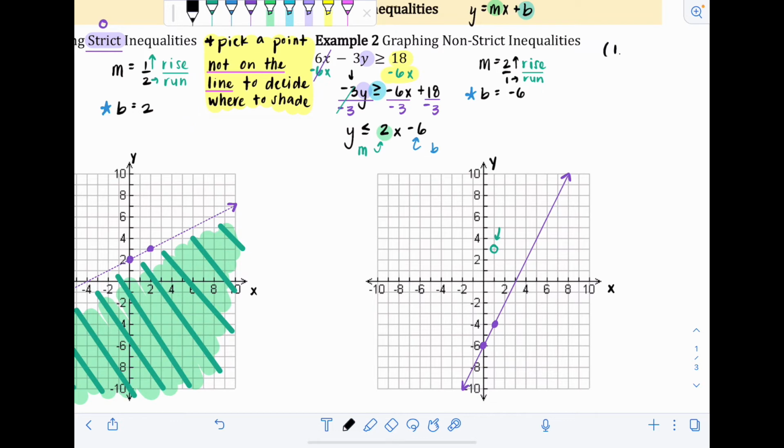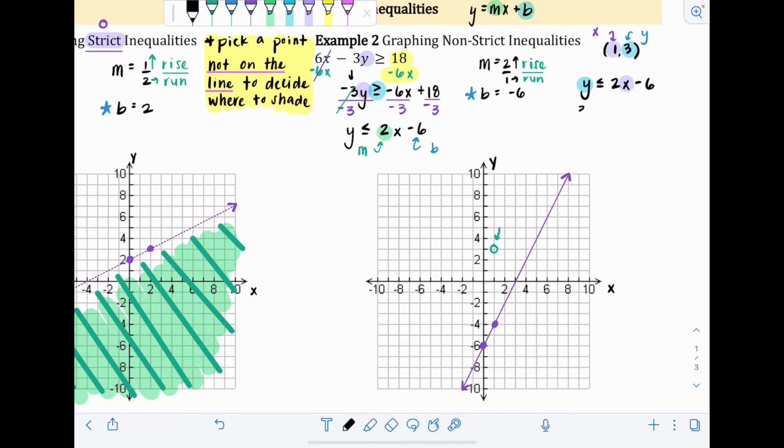So 1, 3, I'm going to rewrite my inequality, so it'll be y is less than or equal to 2x minus 6. So I'm going to put 1 in for x and then 3 in for y. It's always x first, then y. So 3 is going to go right here, and then 1 is going to go right here.